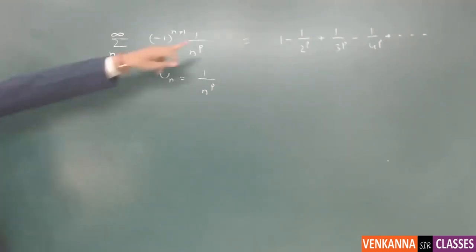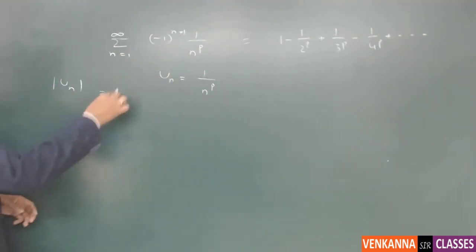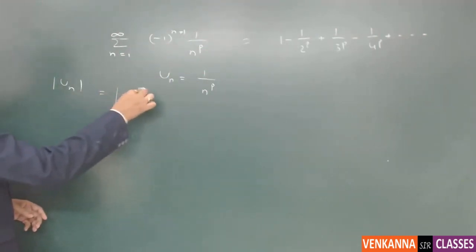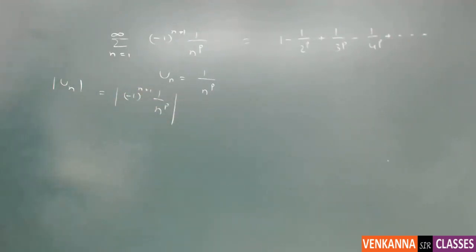In that case, we consider the sign also. So in that case, you take the modulus of minus 1 whole power n plus 1 into 1 by n power p. So if you are considering regular convergence, we exclude the sign. If you consider absolute convergence, we include the sign. Fine. Is it clear for all?